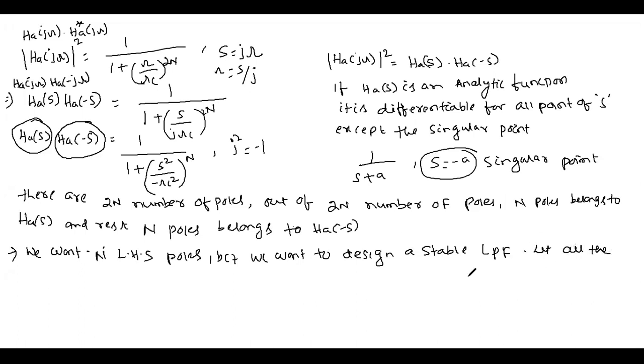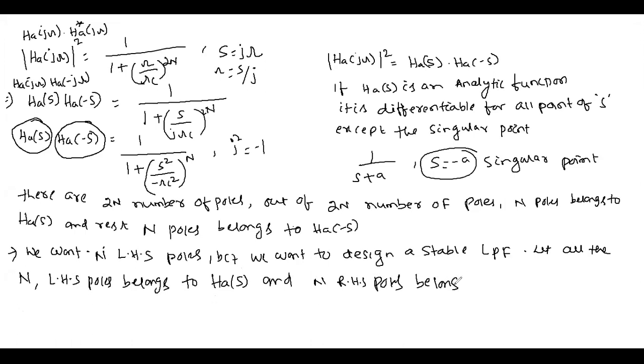All the n left hand side poles belong to H of s, and the right hand side poles belong to H of minus s.